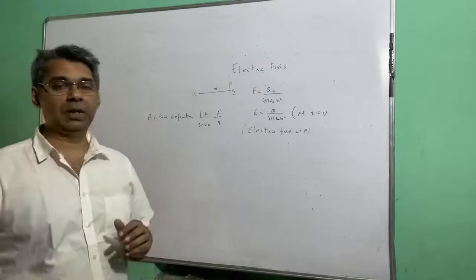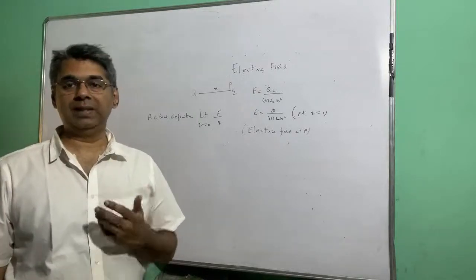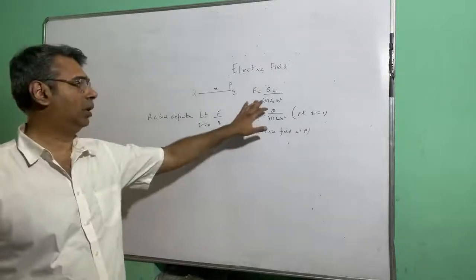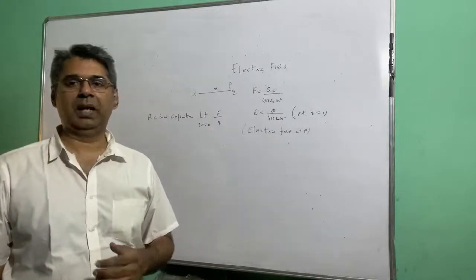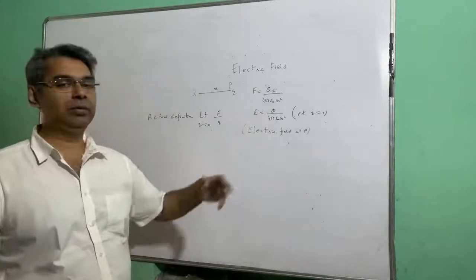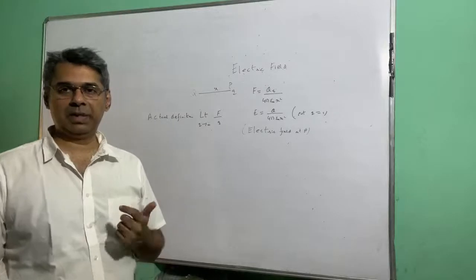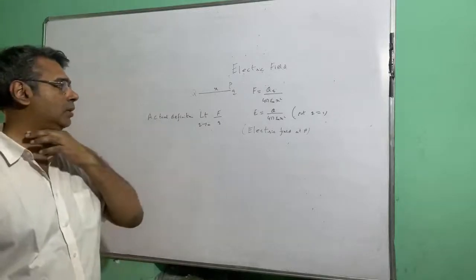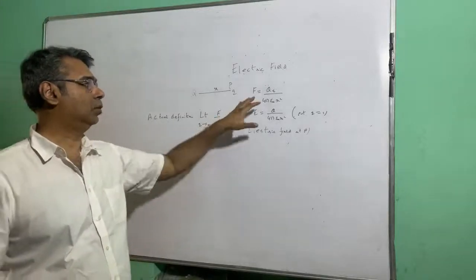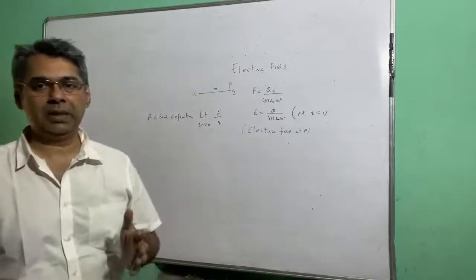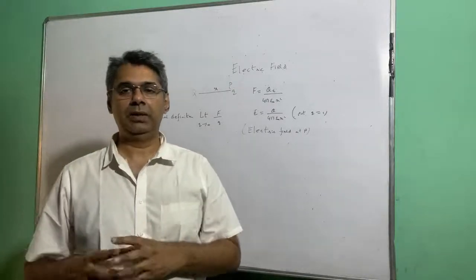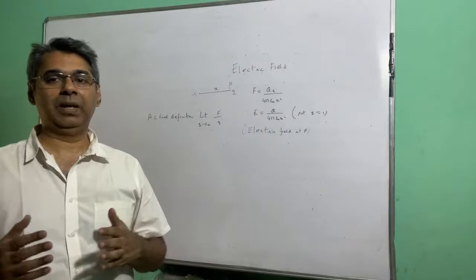Before that, let me first tell you why we need electric field. Because we already have electric force thanks to Coulomb's law, so why do we need electric field? What is the speciality of electric field? Coulomb's law has one very obvious limitation: you can only use it for a pair of charges.